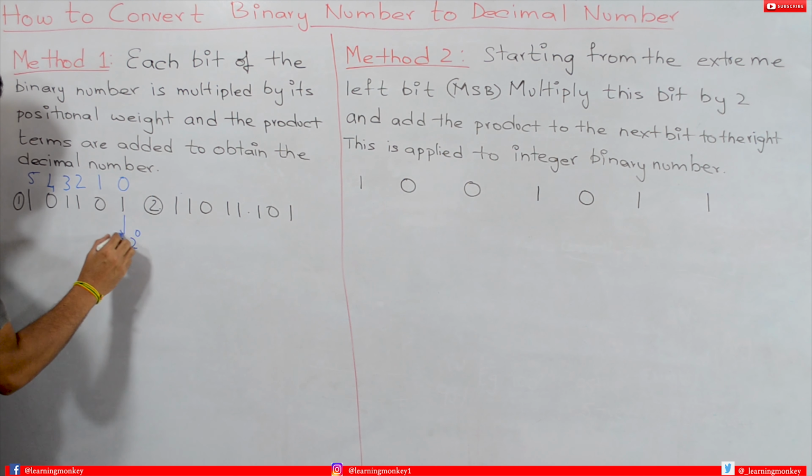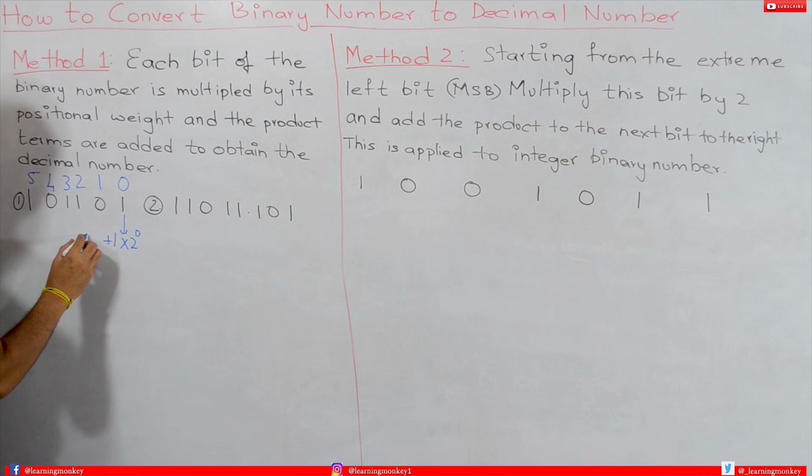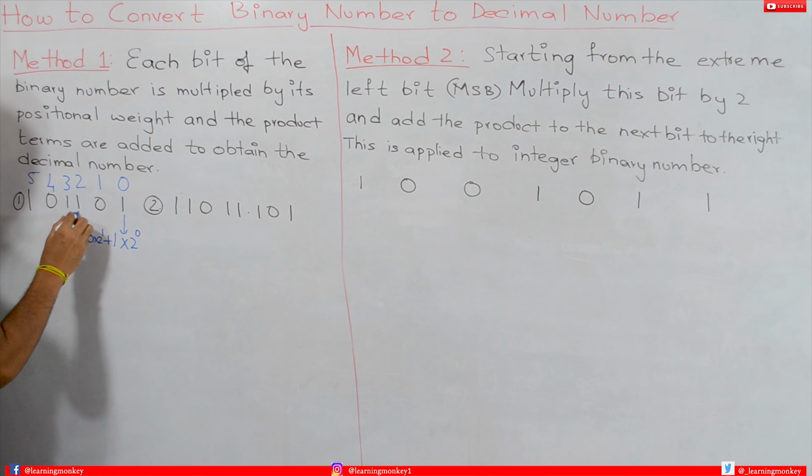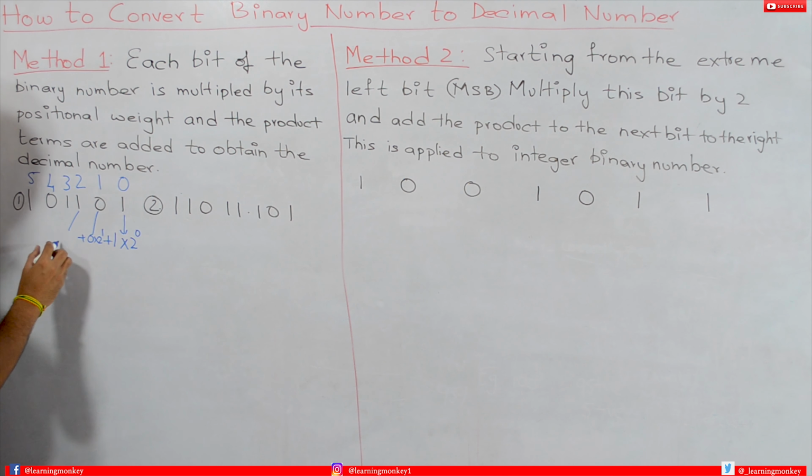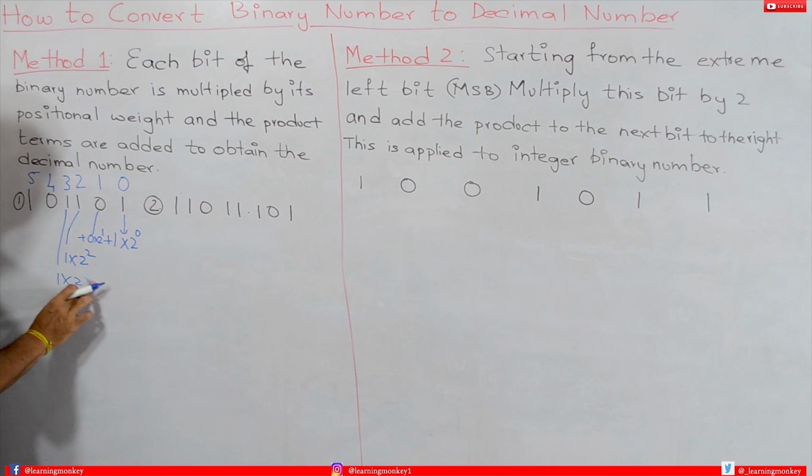Every bit is multiplied by its positional weight. Here it is 0 into 2 power 1. For this it is 1 into 2 power 2, as the position is 2. And for this it is 1 into 2 power 3.